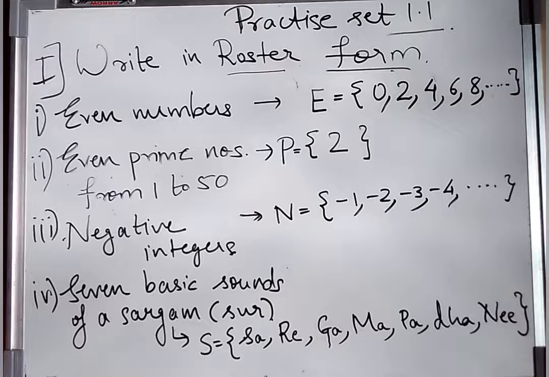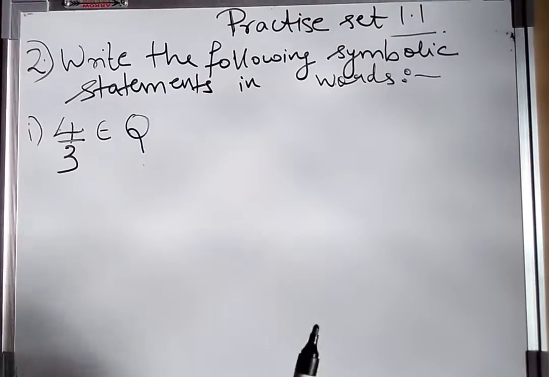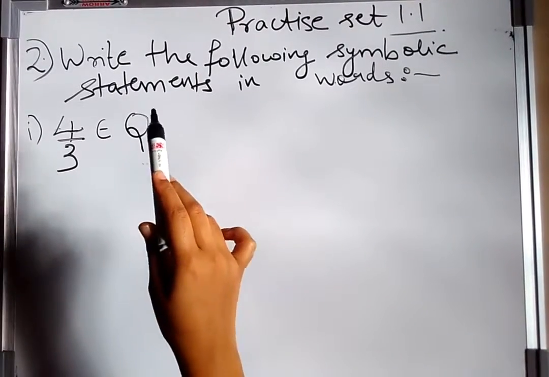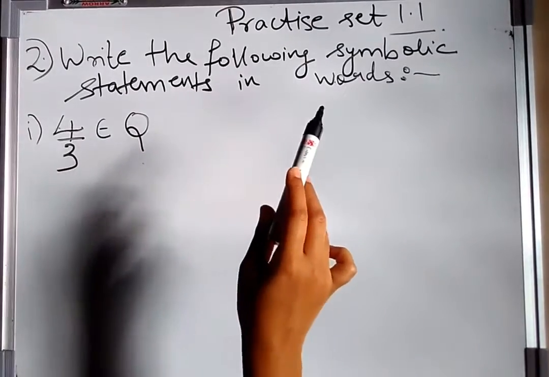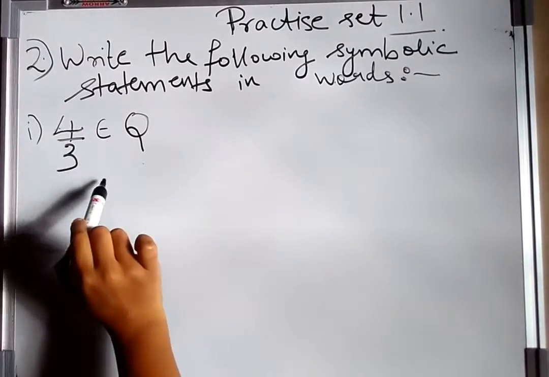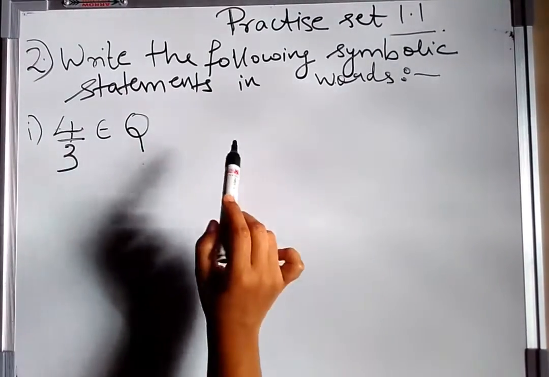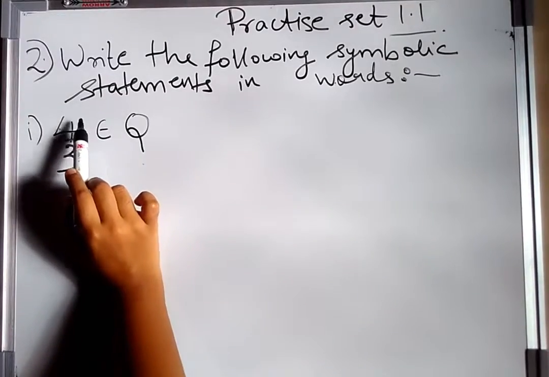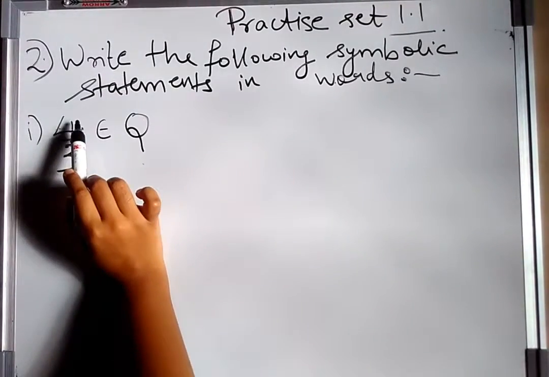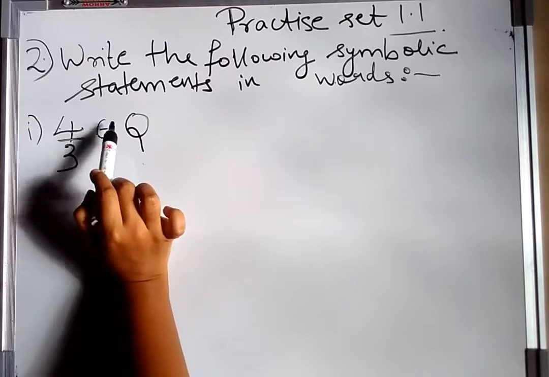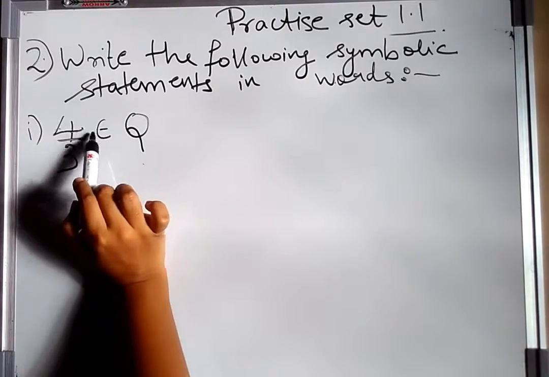Now we will do the next question. The question says, write the following symbolic statements in words. They have given a symbolic statement and I have to convert it into words. As we discussed in the last video, 4 by 3, this symbol means belongs to or is an element of.